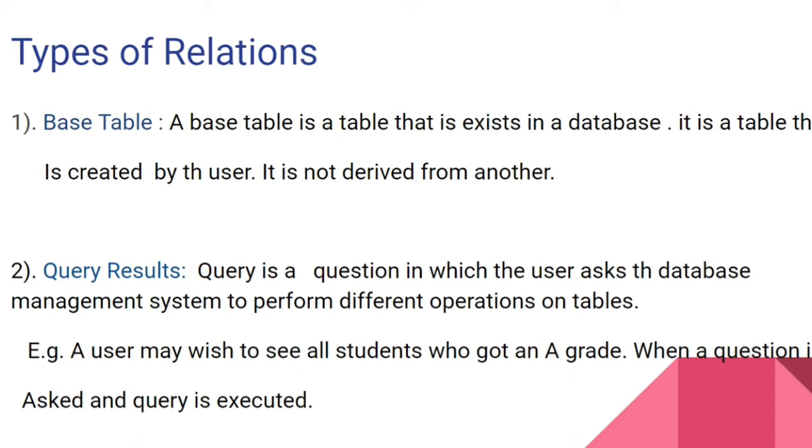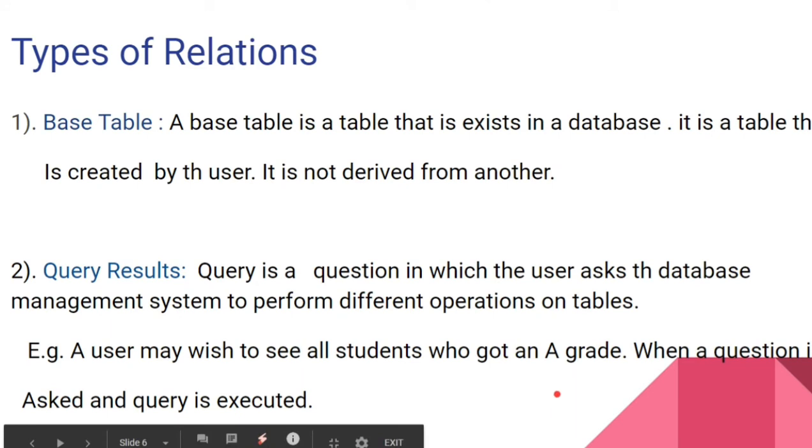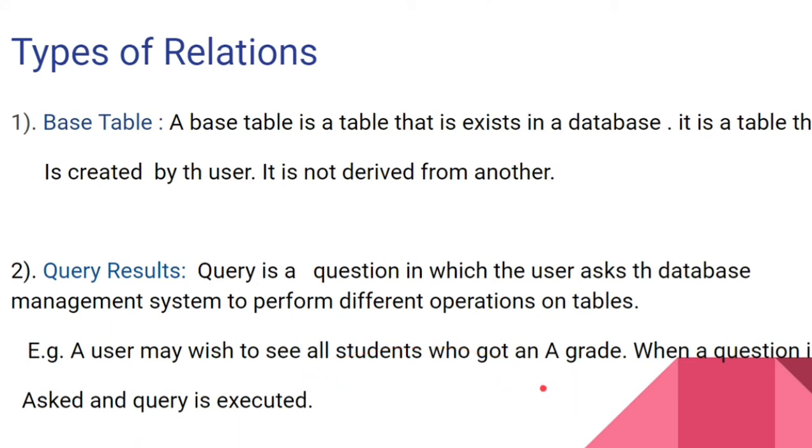I have the query results. A query is a question in which the user asks the database management system to perform different operations on the tables. For example, a user may wish to see all the students who got an A grade. So the query result is what is returned when the user wants to see the students who got an A grade. They are called manipulating the operations on the data, and I can retrieve the data from the database. That is performed by the query result.